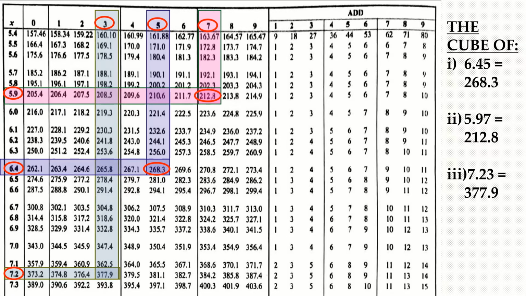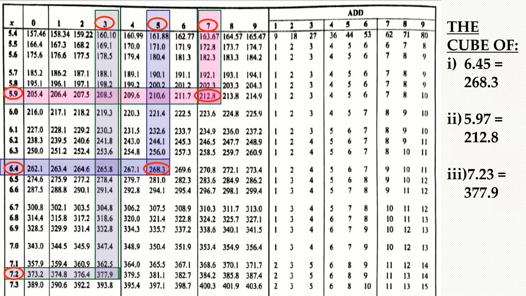If I cross check, my number is 377.9. Look at the rectangular boxes. Where are they meeting? Very interesting. Where they are meeting, we have the solution.